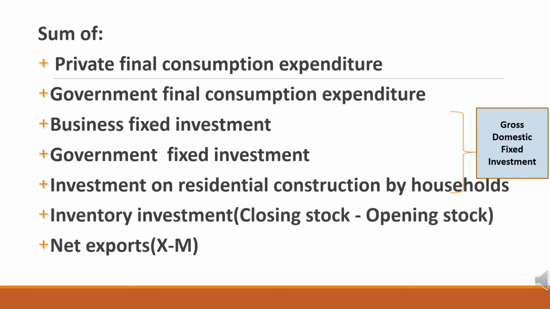In measurement of national income by the expenditure method, we add up the sum of private final consumption expenditure, which includes consumer services, consumer durable goods like washing machines, and consumer non-durable goods like milk and butter; government final consumption expenditure, that is, the government purchasing consumer goods for defense; business fixed investment for manufacturing and buildings; government fixed investment for building of dams; investment on residential construction by households; and inventory investment.